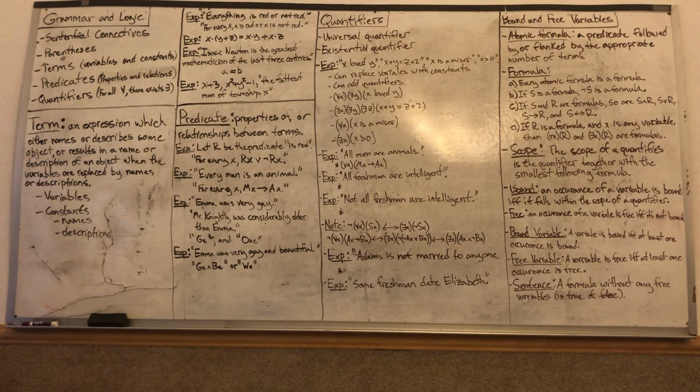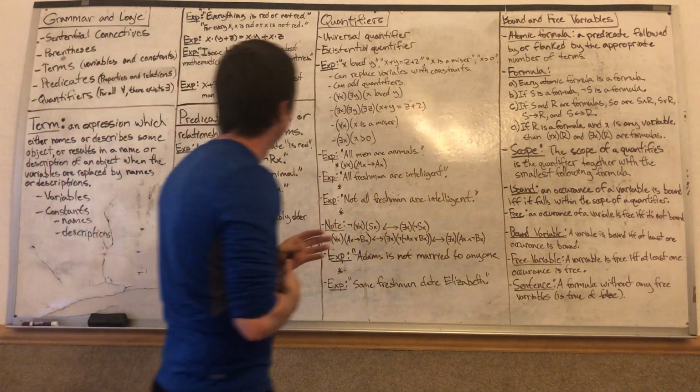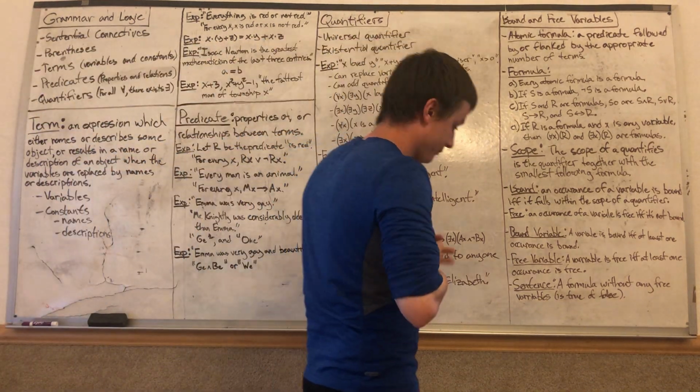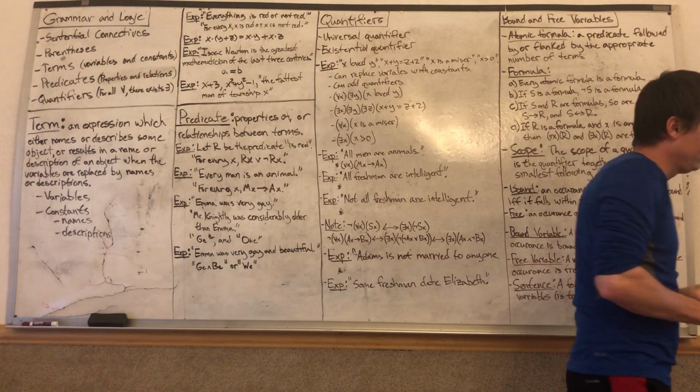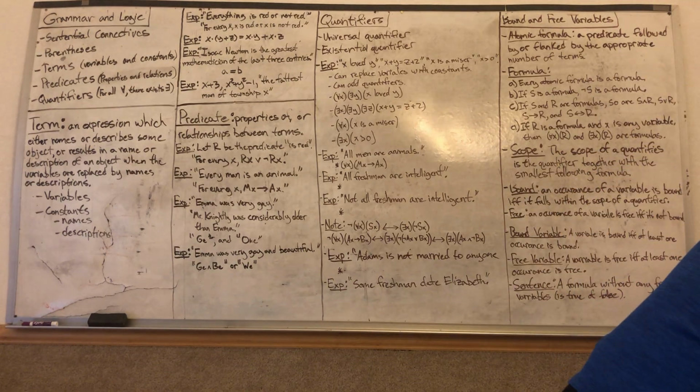So predicates, stating relationships or properties that the things have. So that's it for predicates. Now we'll move on to universal quantifiers.